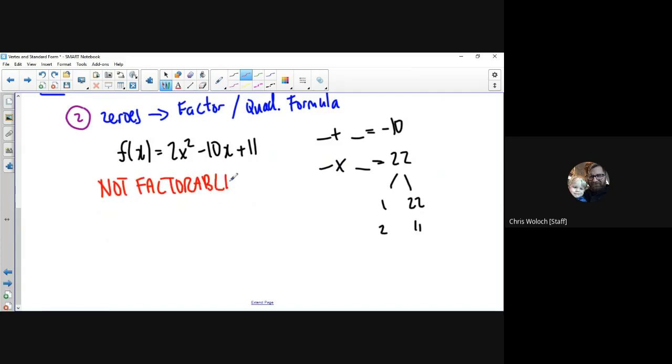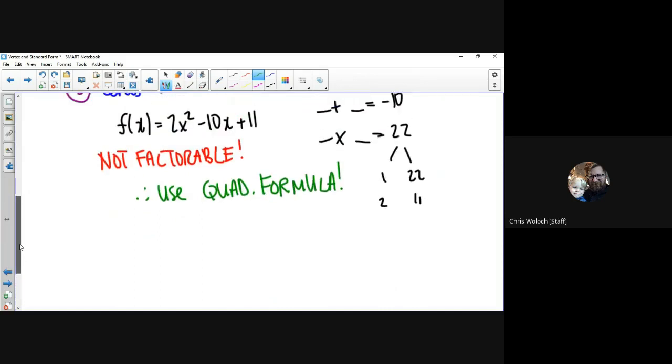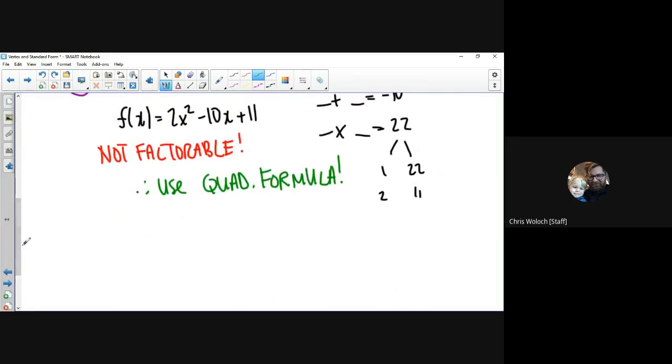So therefore, we need to use the quadratic formula. Now, that may make some students happy. I'm kind of indifferent to the quadratic formula. But again, remember, you're not memorizing anything in this course.